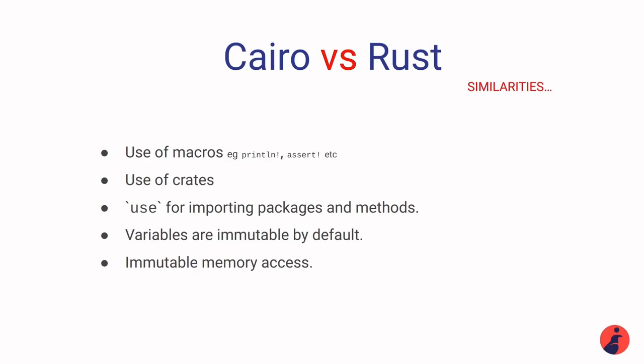Recently there was a new release, and one of the additions is println. So instead of print, we can now use either print or println. Rust also uses println. Then assert also.